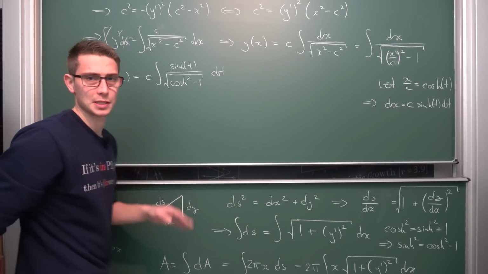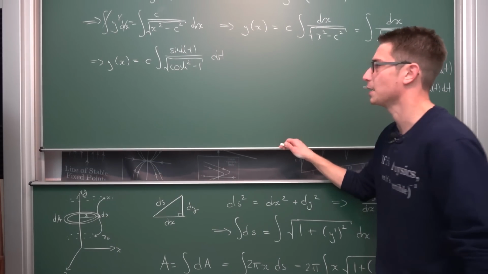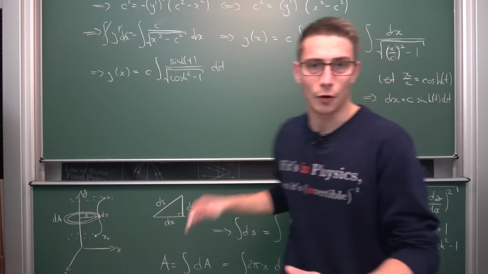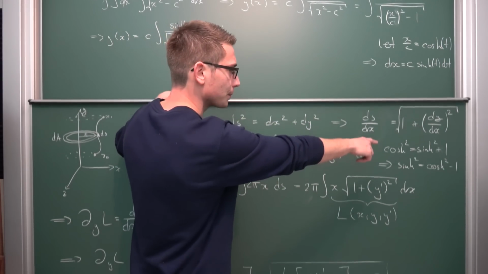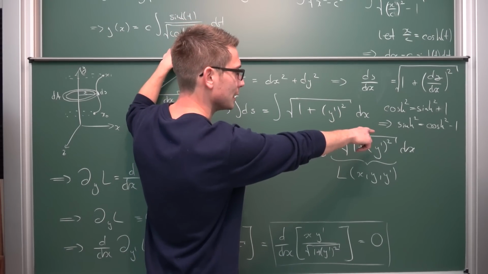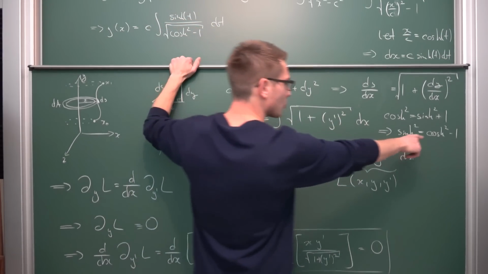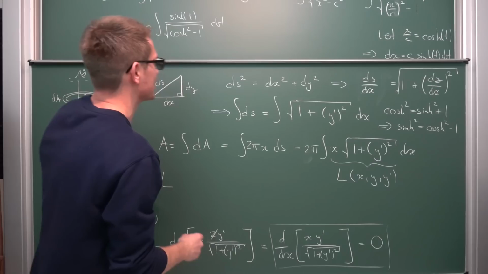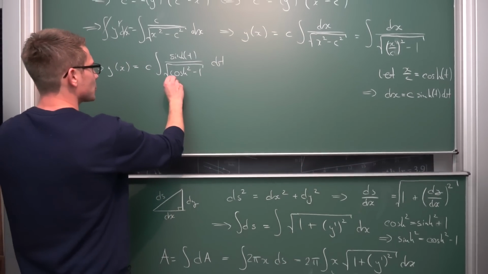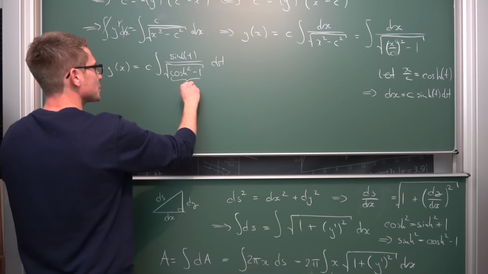Cosh squared of t obviously, but I'm going to leave that out for now. This really doesn't matter. Now, what we just found out is that cosh squared minus 1 is nothing other than sinh squared. I'm terribly sorry. So meaning this expression right here is the square root of sinh squared.